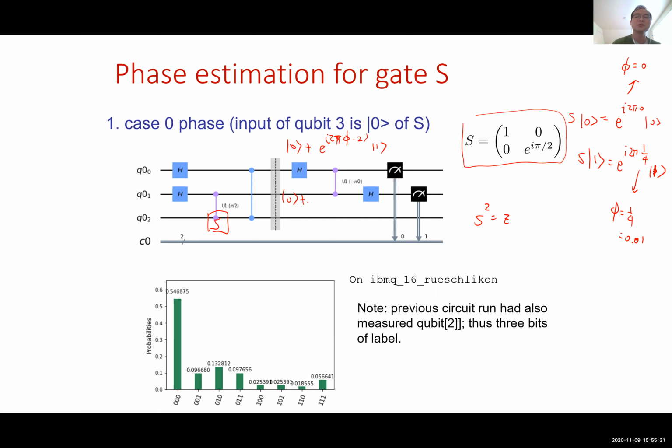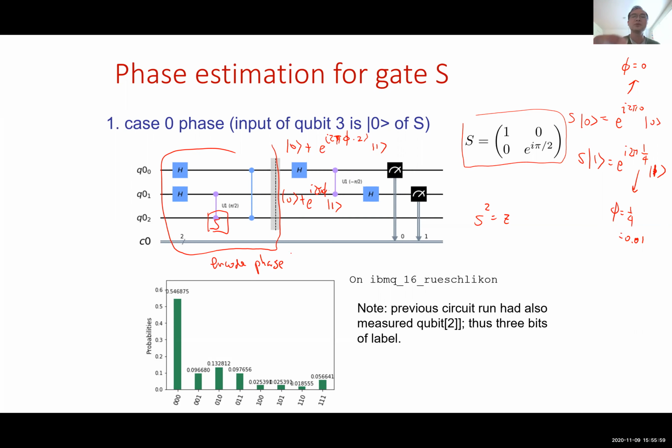This is e to the 2 pi i phi times 1. Okay. So then I can read out. Yeah, Hadamard gate at qubit 2. This is just encoding phase. Yeah, I mean, if you want phase kickback, you should put a Hadamard gate at qubit 2.